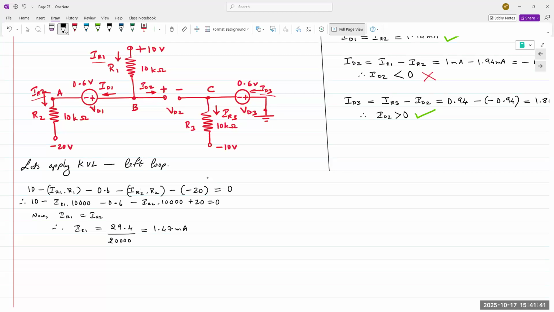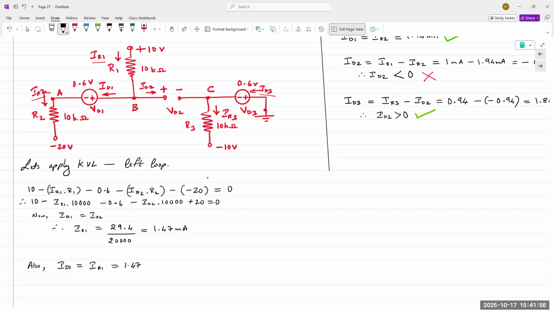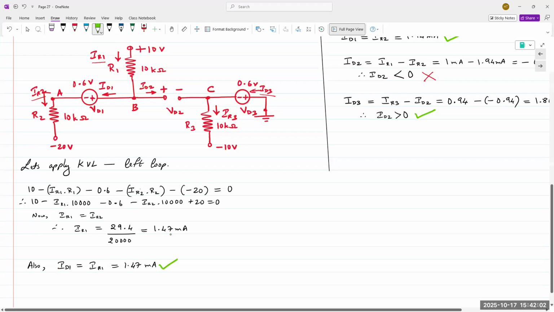And luckily for us, our diode current ID1 is equal to IR1, which is 1.47 milliamps, which is greater than 0. So our assumption of the diode being on is verified. Okay.